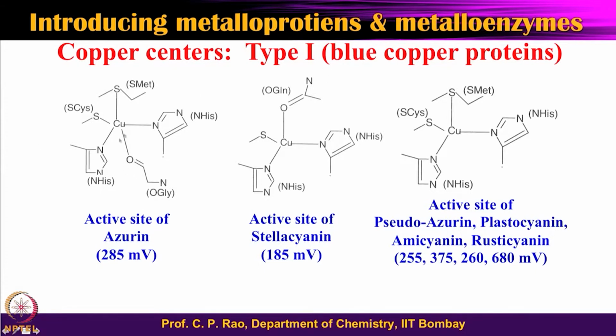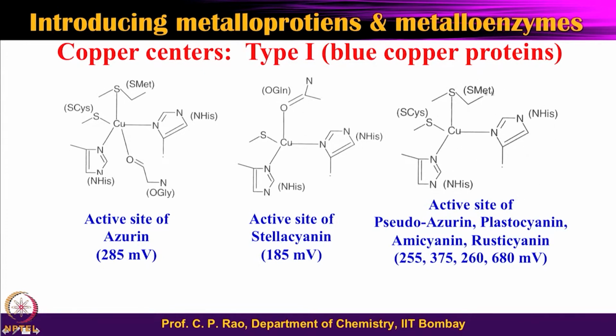Now, you can see one of them here, the active site of that, and the other active sites. What we need to see: the one in the middle has 2 histidines, one S-methionine and a glutamine, and here 2 histidines, one methionine, one cysteine.